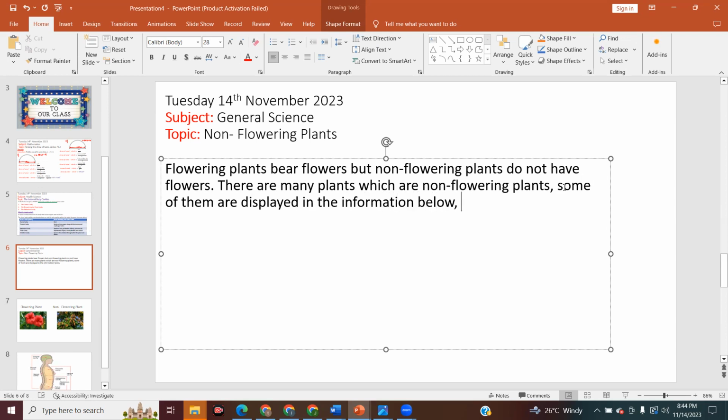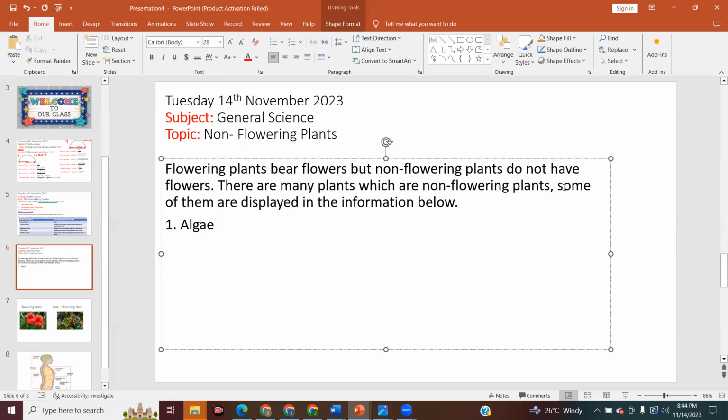So let's talk about the first type of non-flowering plant, and we're going to be looking at probably the most simple one, and it's algae.